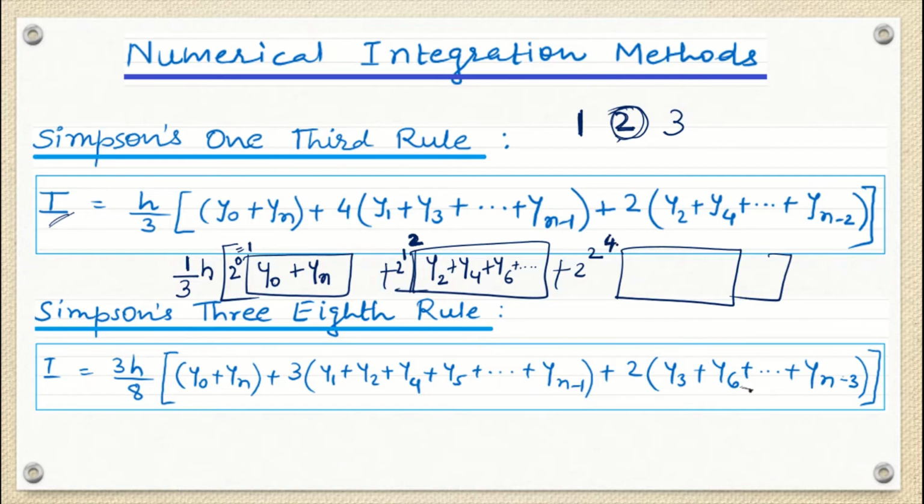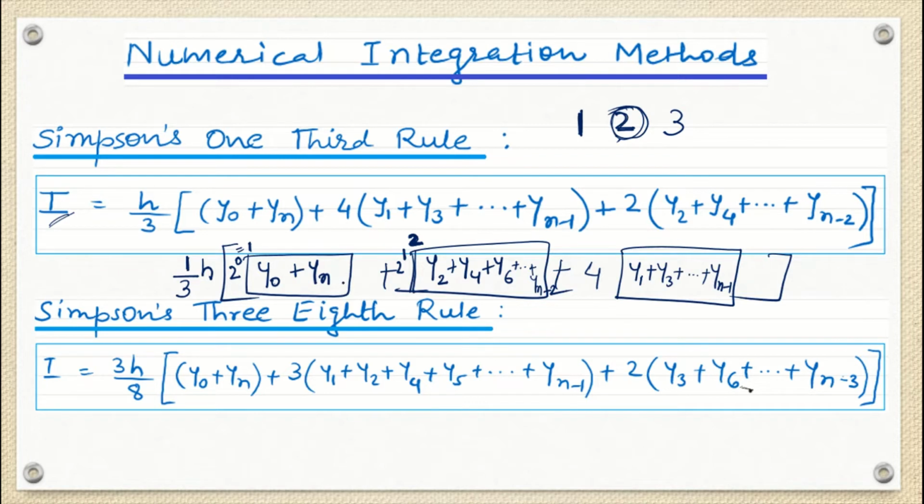I fill it with all the remaining ordinates, which will definitely be the odd ordinates only: y1, y3, till the last odd value, yn minus 1. This is totally illogical, whatever we have said. This is just to memorize the formula.